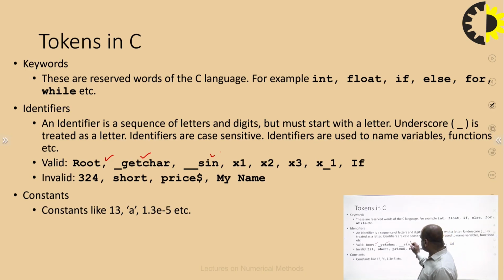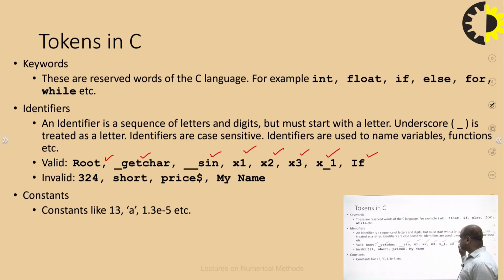Third, this one is also a valid identifier. First a character, then a numeric value can be there, that is also valid. This one is also valid, this one is also valid, and this one is also valid.